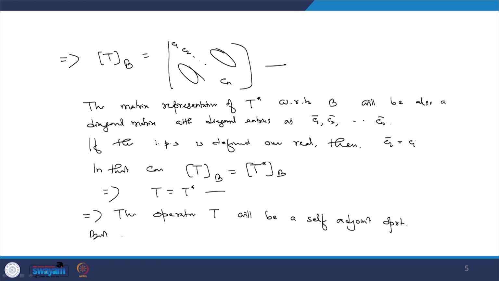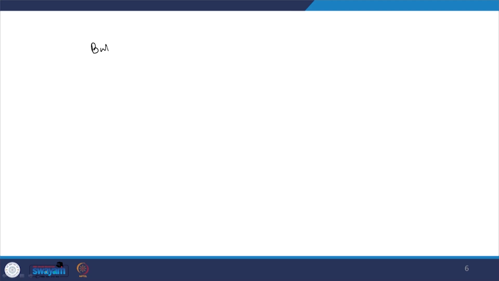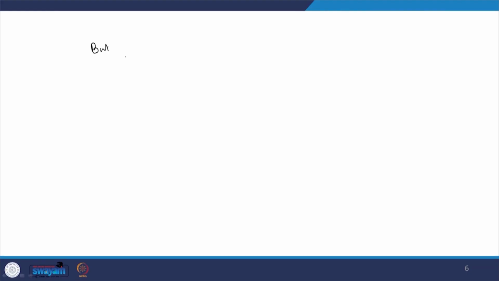But if the eigenvalues are complex, or if the inner product space is defined over the complex field, then in that case T may not be equal to T star, but since the matrix representation of T and the matrix representation of T star are both diagonal matrices, the product of diagonal matrices will again be a diagonal matrix.